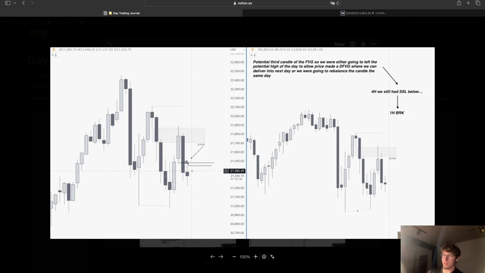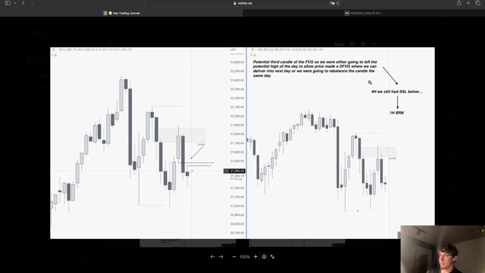We'll either allow price to leave this area here untouched, so there will be a potential FVG for the next day, or price will immediately rebalance this candle.